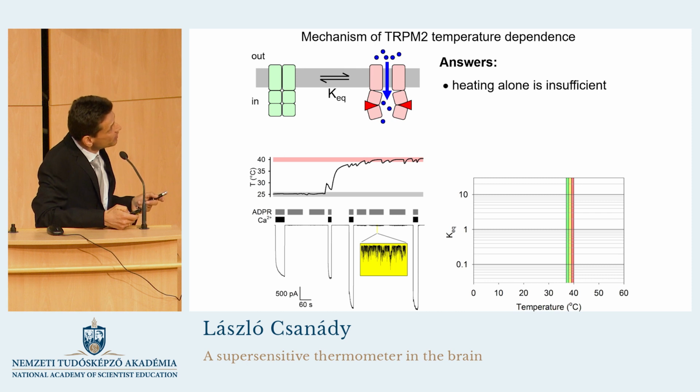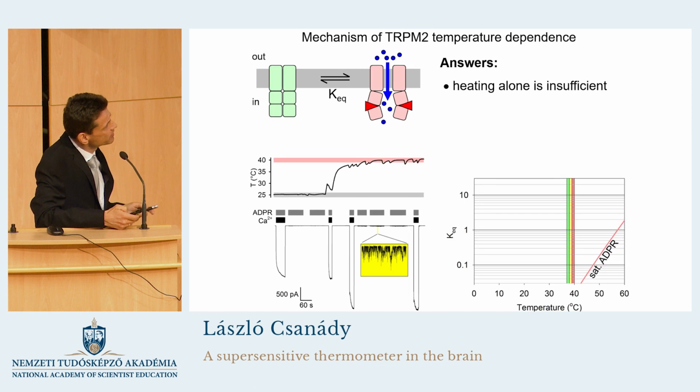But if you compare that current to the activity that can be elicited by exposure to both ligands, you can immediately see that that activity is still very, very small. And so if we quantitate this Kf at the two temperatures, we get this temperature sensitivity curve in the presence of saturating ADP ribose, which is clearly incompatible with measuring temperature in the brain.